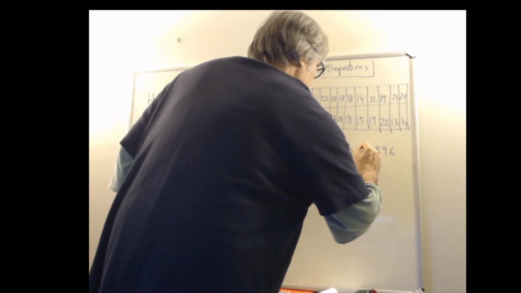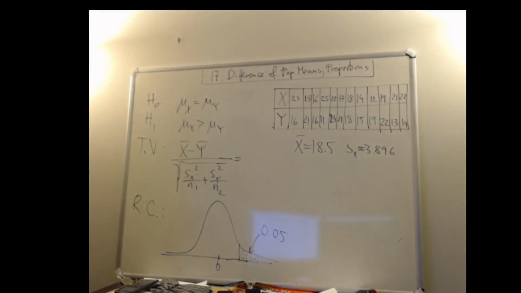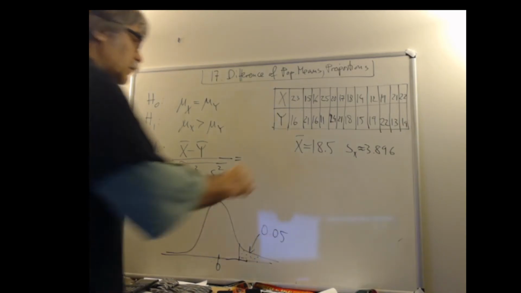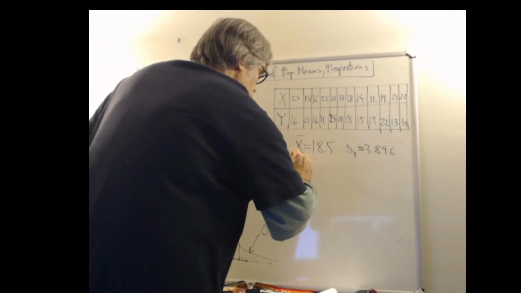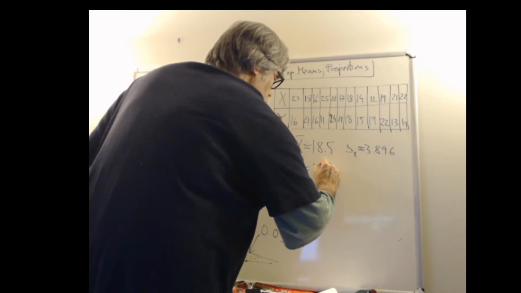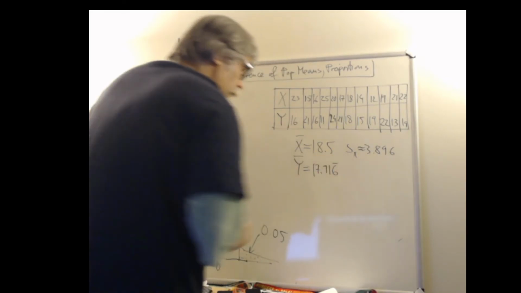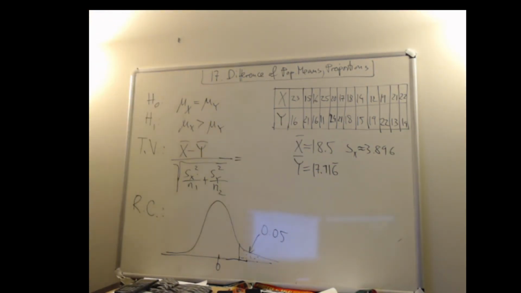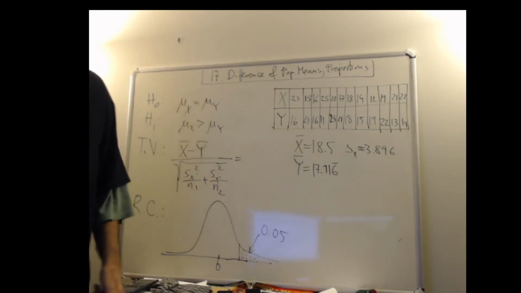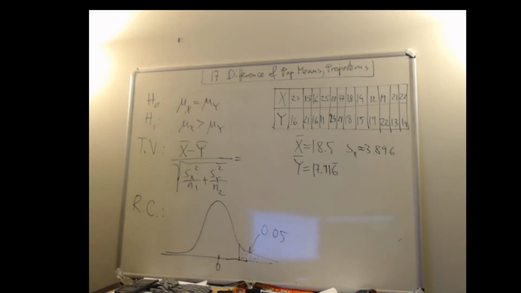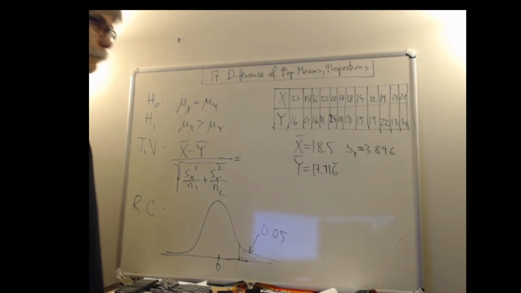This is an approximation, not the exact number. And in the second group, I got a mean of 17.916 with a bar on the 6, so it's 6666 and so on, and a standard deviation of 3.848.